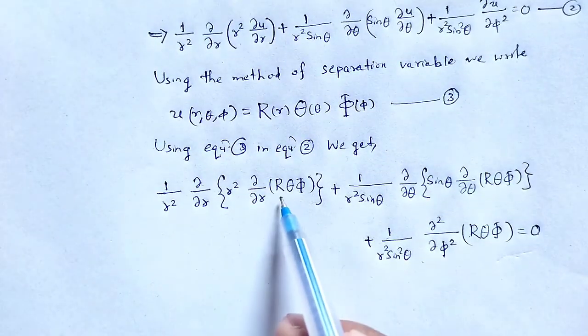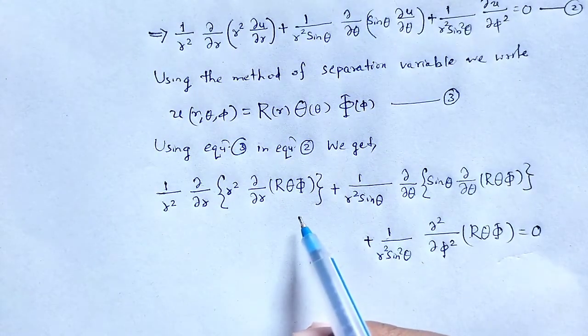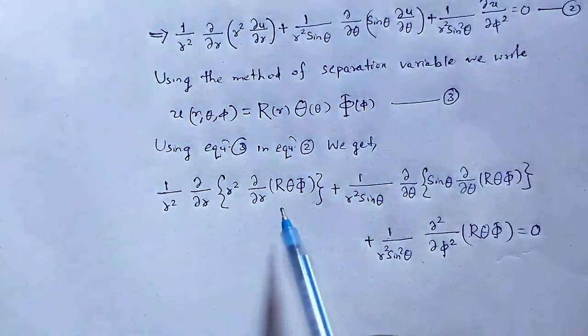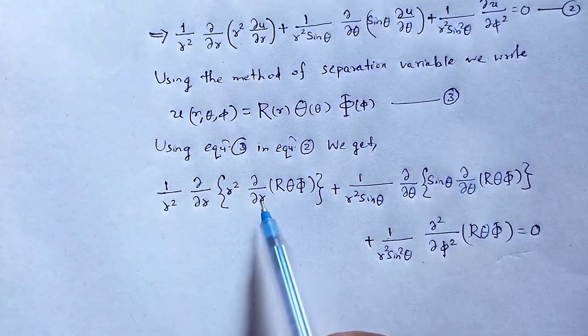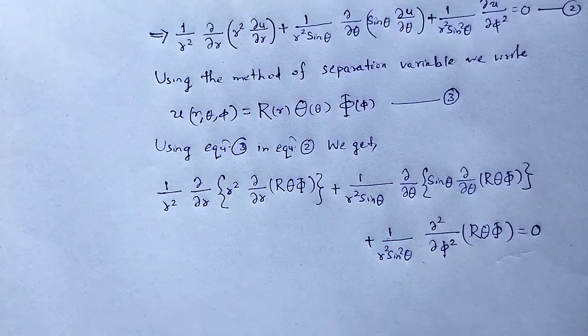Now, since R is a function of r only, Theta is a function of theta only, and Phi is a function of phi only, when we differentiate with respect to r, only R is differentiated, and the other two are treated as constants.